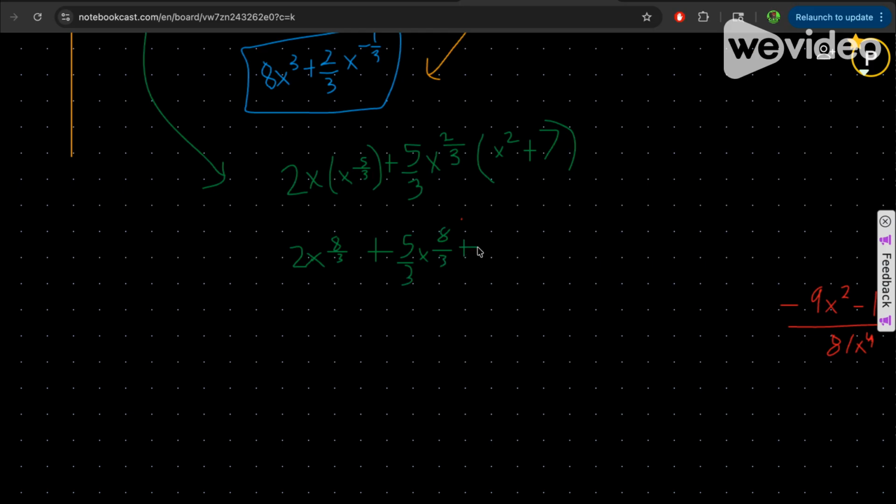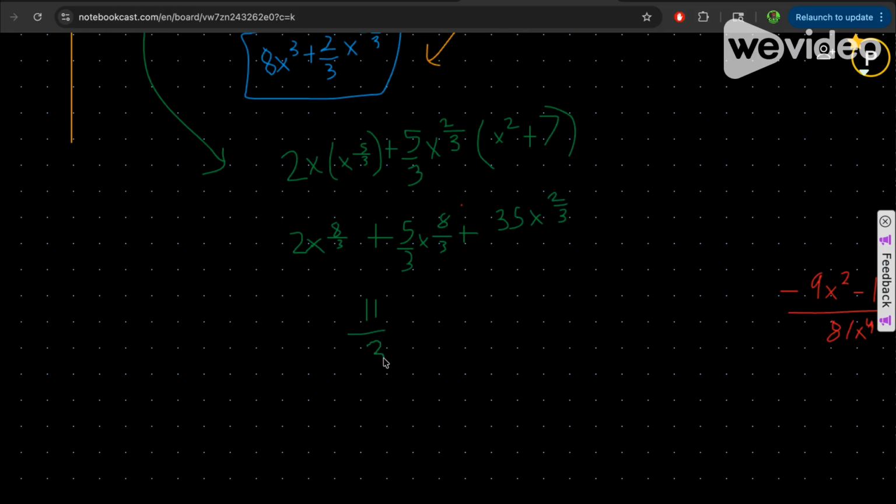Plus 7 times 5/3 times x to the 2/3 is 35 times x to 2/3. So if you add these up, it's 6/3 plus 5/3 equals 11/3 x to the 8/3.